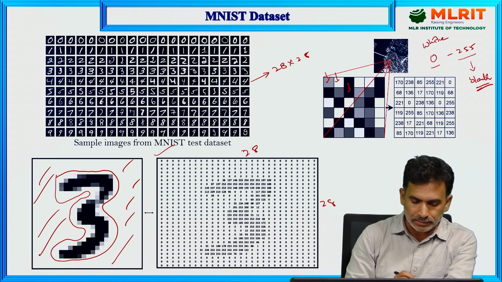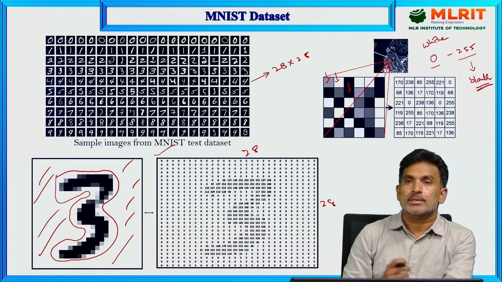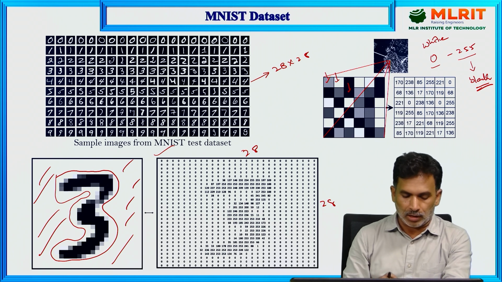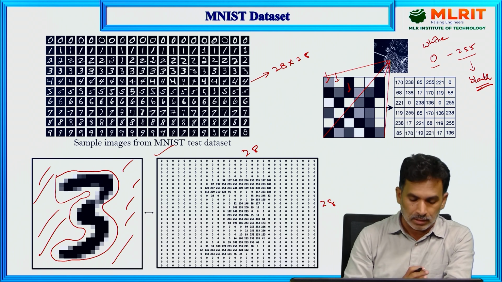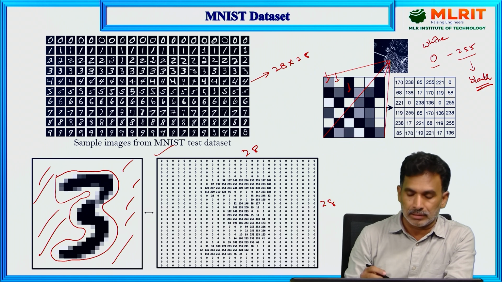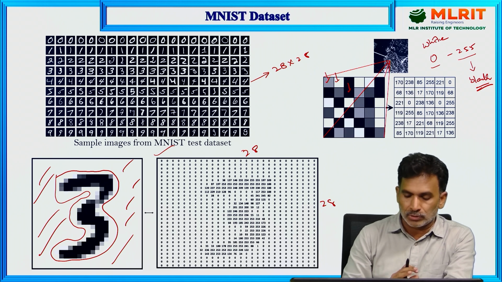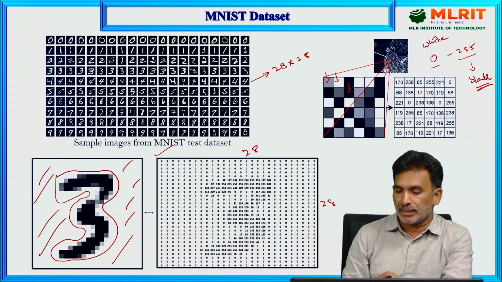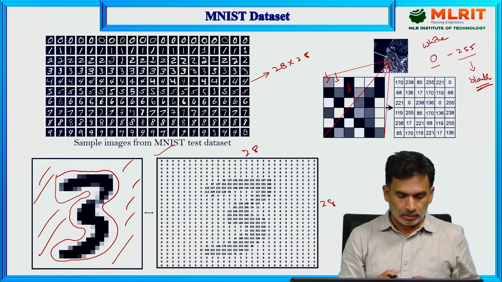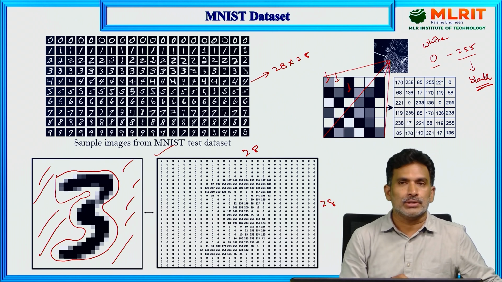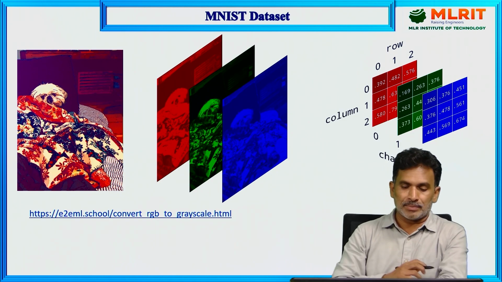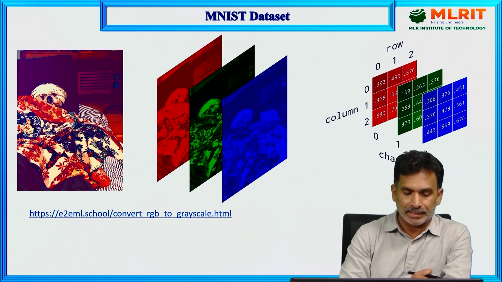You can search for any image and get complete details of how an image is represented as a grayscale image. If the dimension is 28 by 28 pixels, this is one image that we are going to use in this MNIST handwritten digit data set.